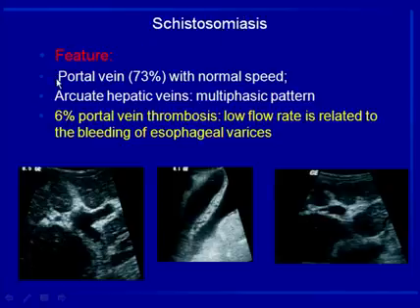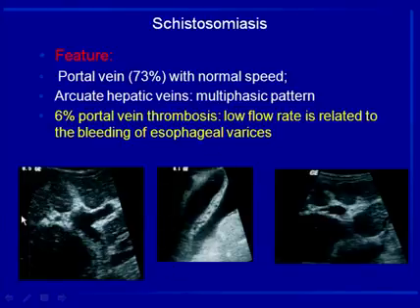In 73% of the cases, portal vein with normal speed in schistosomiasis. The arcuate hepatic veins with multiphasic pattern, and 6% of portal vein thrombosis caused by low flow rate is related to the bleeding of esophageal varices.